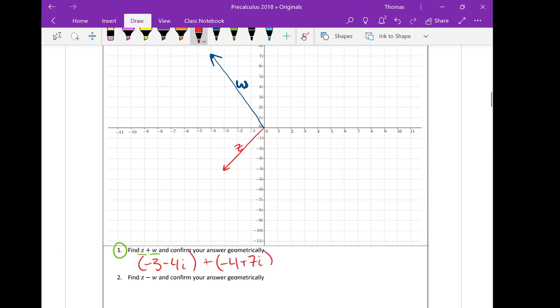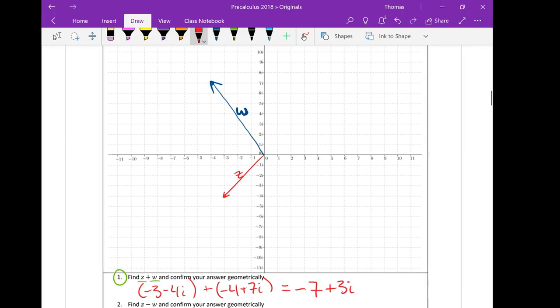Combining my like terms, negative 3 and negative 4 gives me a negative 7. Negative 4i, positive 7i gives me positive 3i. So right away, we should be able to calculate that sum, and I'm going to plot that point on our plane here so that we can check ourselves geometrically.